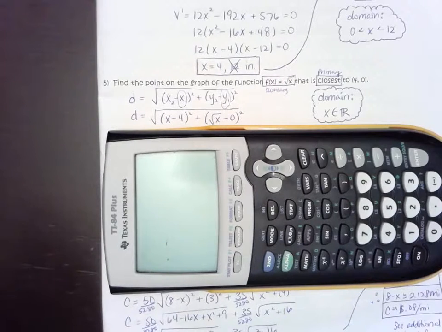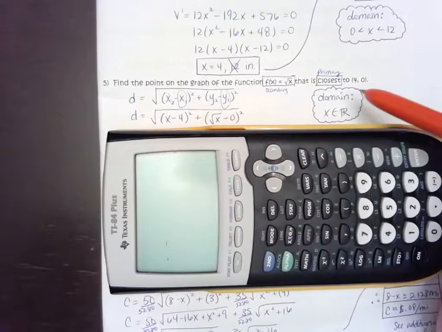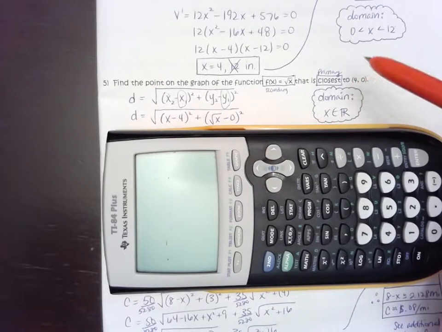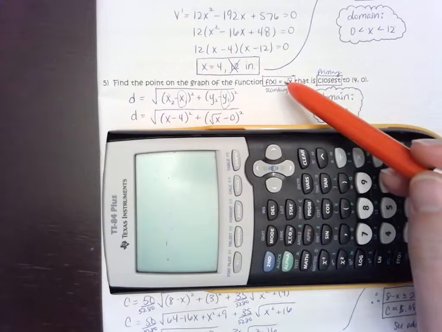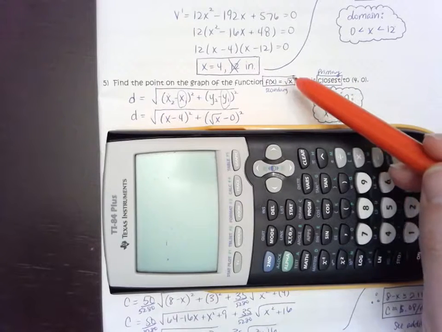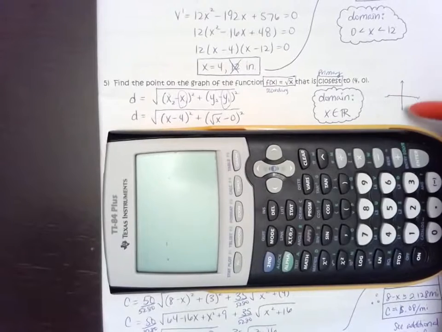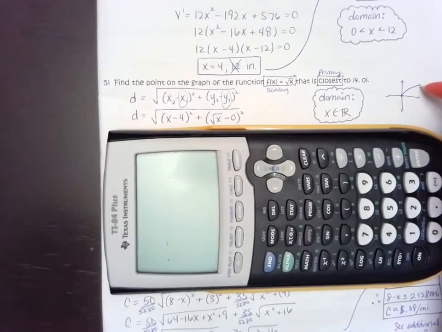My domain, because I'm talking about a point on the graph, then I'm going to say that my domain is any number. I will probably come back and fix that, because if I'm looking at this square root graph, it looks like this.